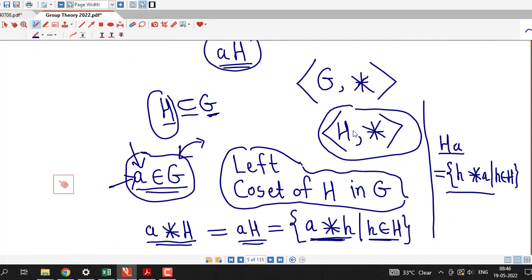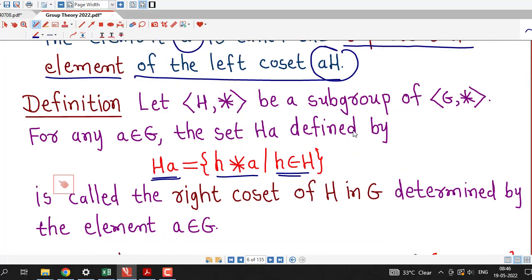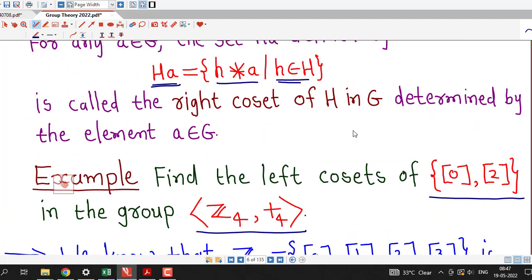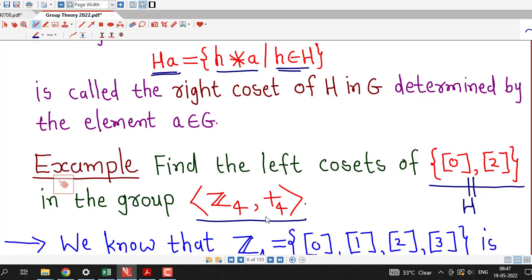So we have to find out left cosets of this set, which we will denote by capital H, this subgroup, in this group Z4 under addition modulo 4.